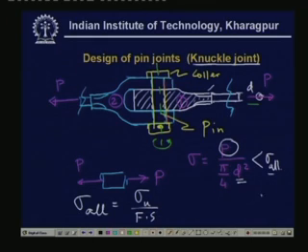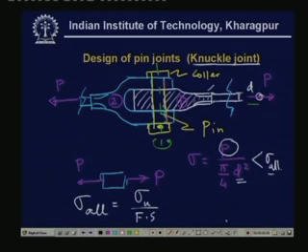If this is satisfied, then we can say that this is quite safe. So this is how the diameter has to be selected from the given information about P and sigma allowable.